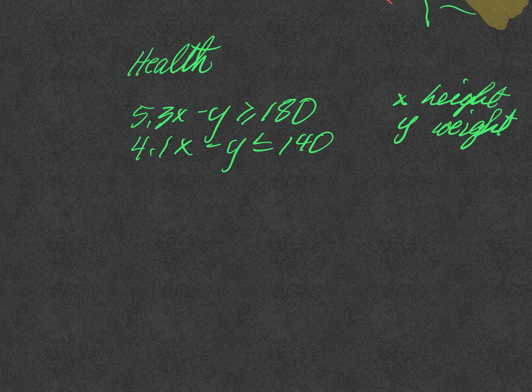So when you draw these equations, whatever they look like, I don't know what they look like right now, and you shade them, this might be a healthy weight and height area, or maybe this, or this would be over here. So one of these areas kind of indicates healthy weight and height.